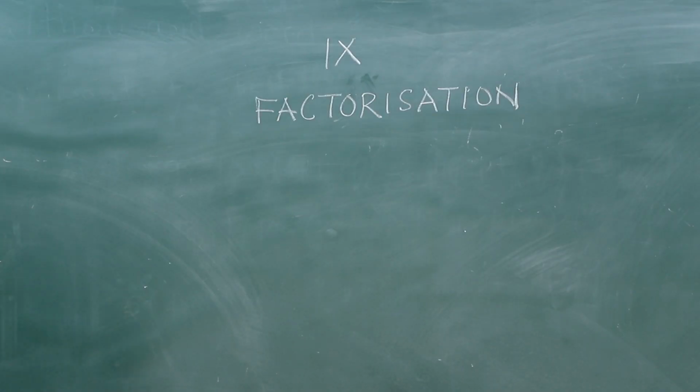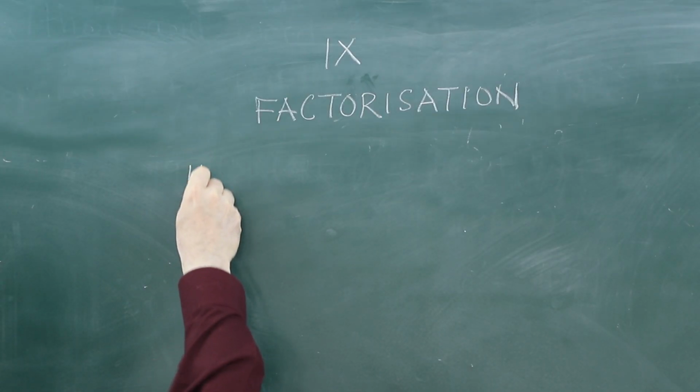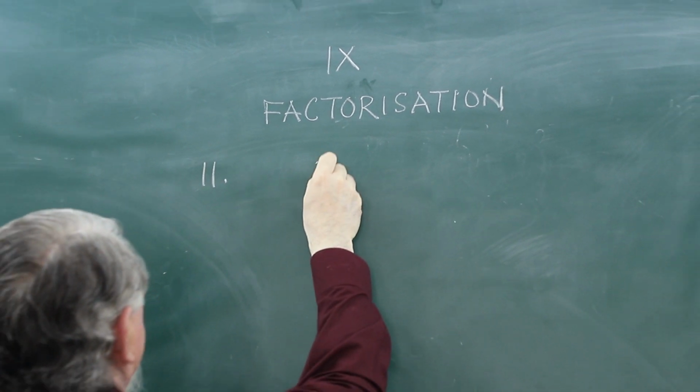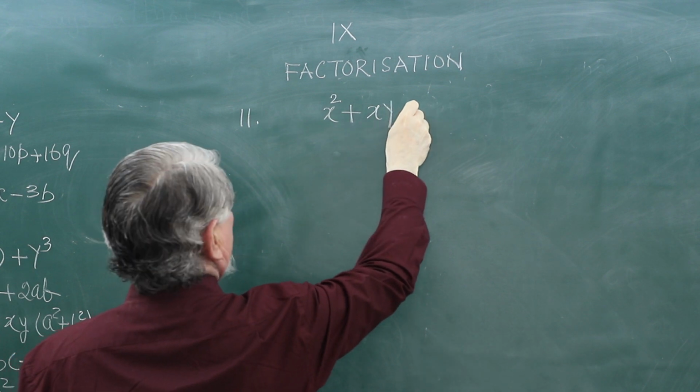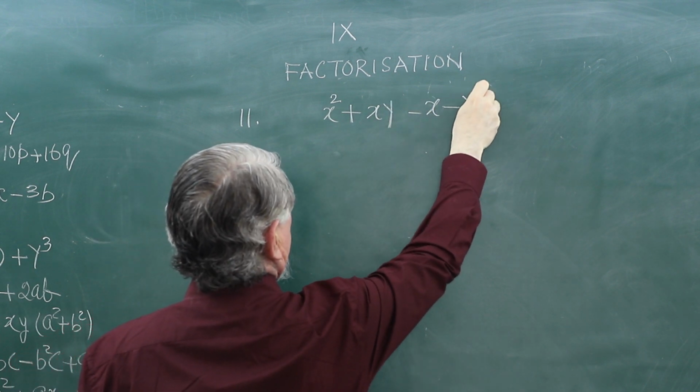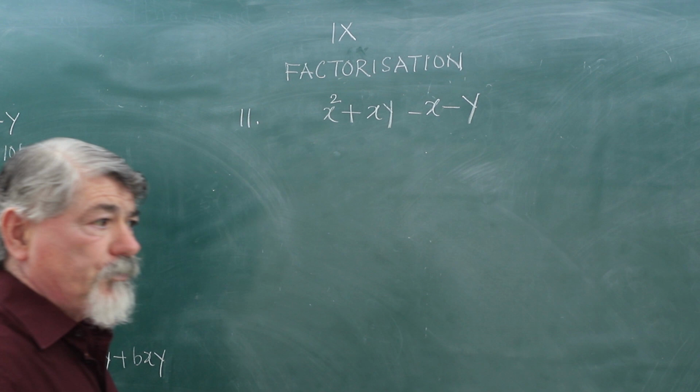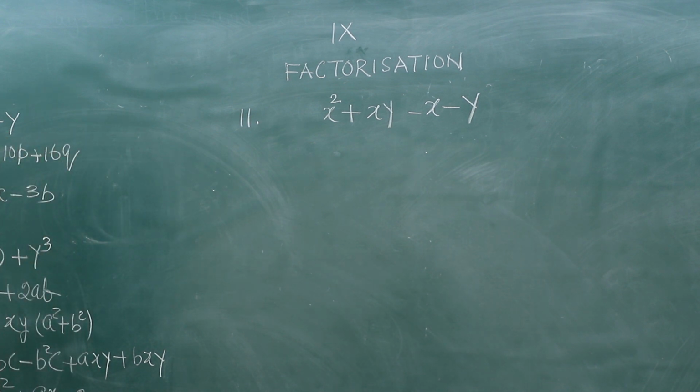Okay, let's look at question number 11 of the factorization for class 9th. x^2 + xy − x − y. We spoke to you about the factorization. Now in this we will be looking at what can we take out common.